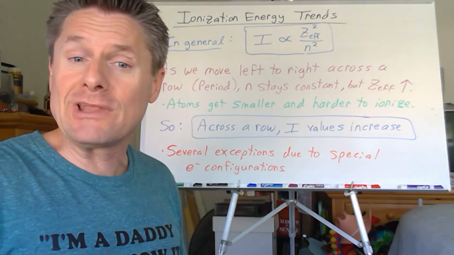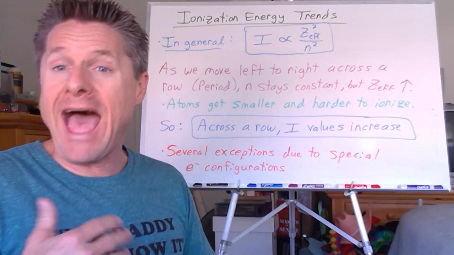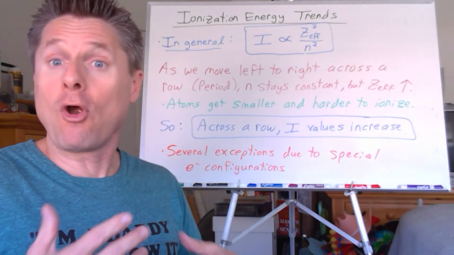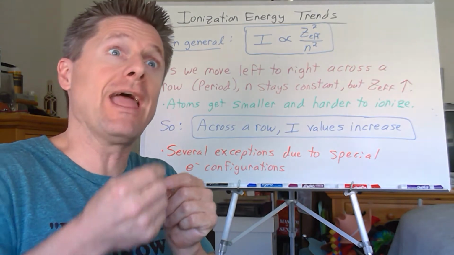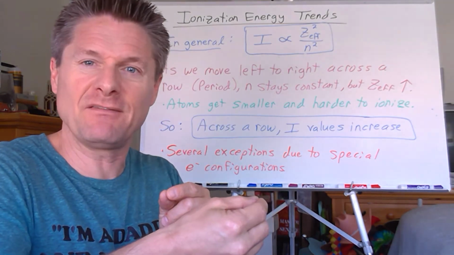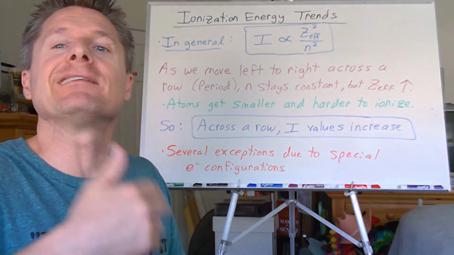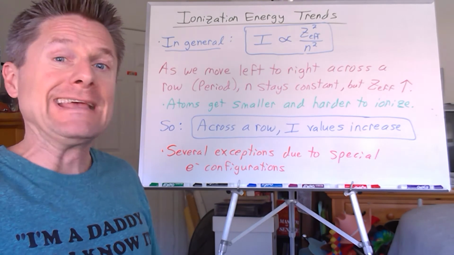And there are some special electron configurations dealing with half-filled subshells and filled subshells being easier or harder to remove than you would imagine, to the point where you could increase the Z effective and it should increase the ionization energy, but it actually decreases because it gives you a more preferred electron configuration. Let's take a look at a few of those to end this.